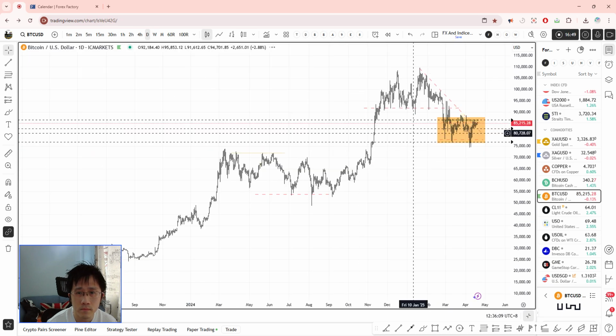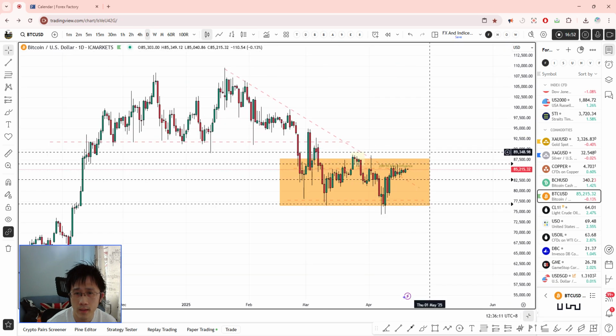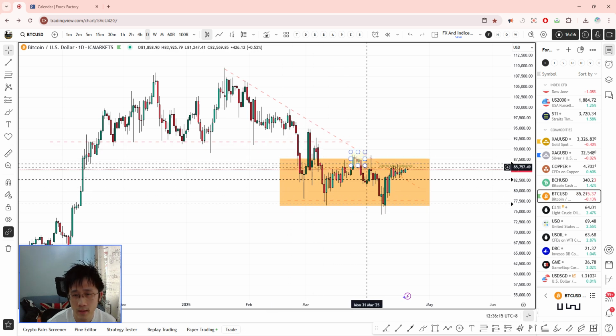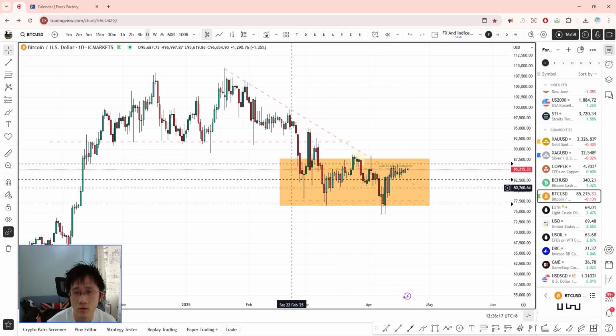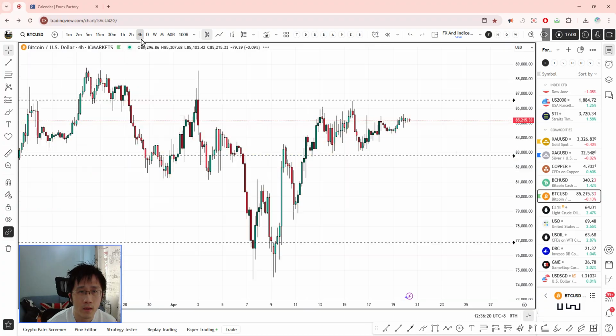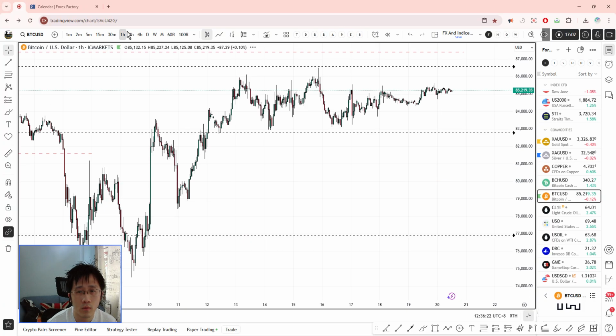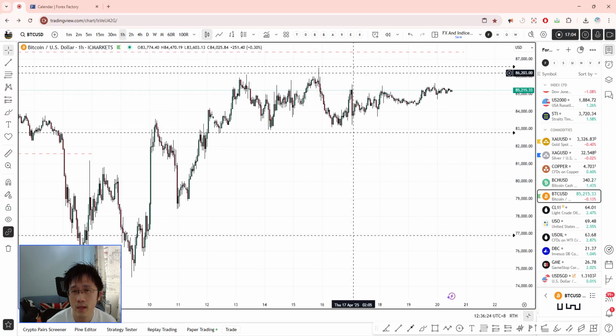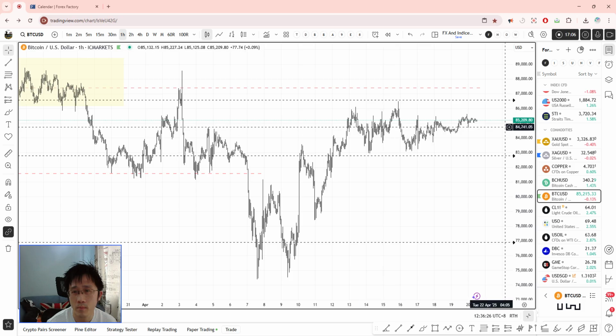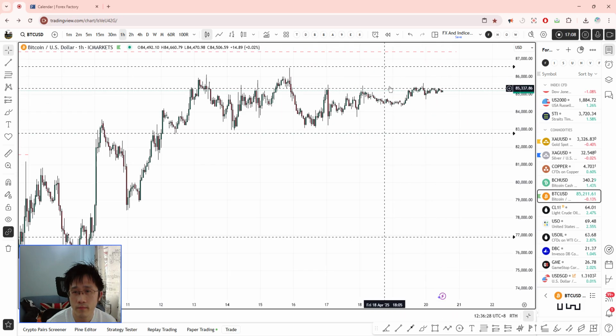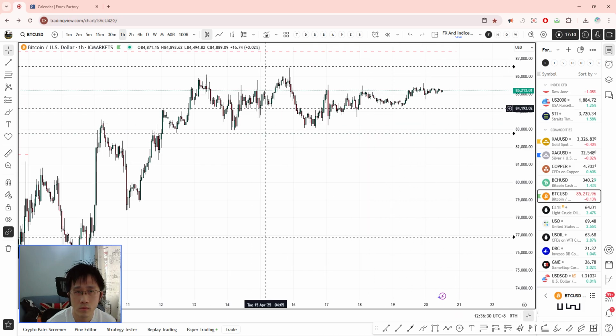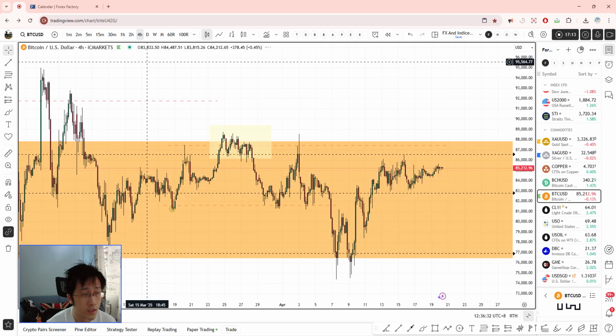Like I mentioned in my review, BTC is zigzagging, ding-donging over here. So on the 4 hourly or the 1 hourly, on the top, I will be more in favor of shorting it. So that's for the BTC.